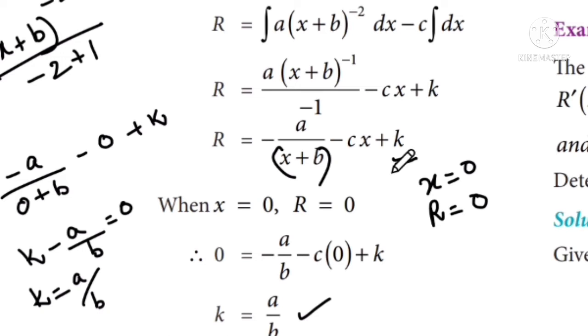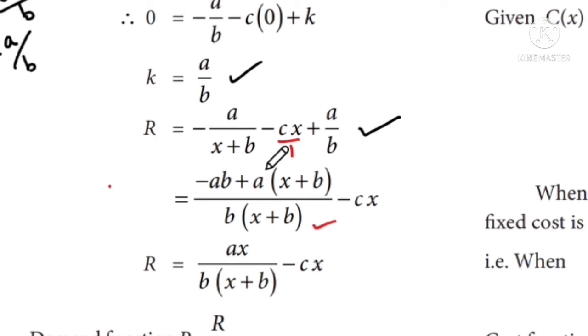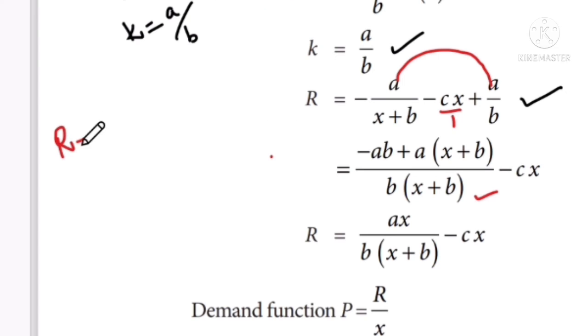So put that constant back here. This is that equation we got, the revenue function. So put back there. So minus a by (x plus b) minus cx, and k we found now. K is a by b. Now you have to simplify this. Take the LCM. So these two you group and find the LCM. So revenue is equal to minus a by (x plus b) plus a by b, minus cx.